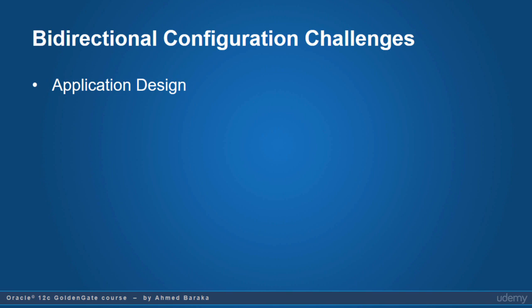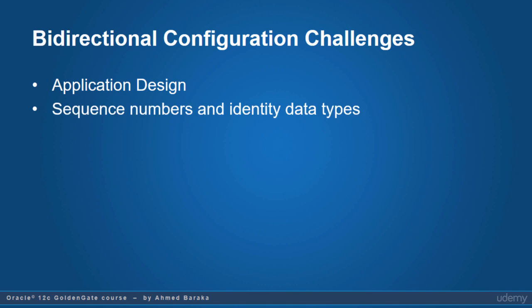First, you have to study the application. Many out-of-the-box applications do not support GoldenGate bidirectional configuration. You have to consult the vendor to make sure whether Oracle GoldenGate bidirectional is supported or not. You also may need to change the way your application is generating the primary key values.